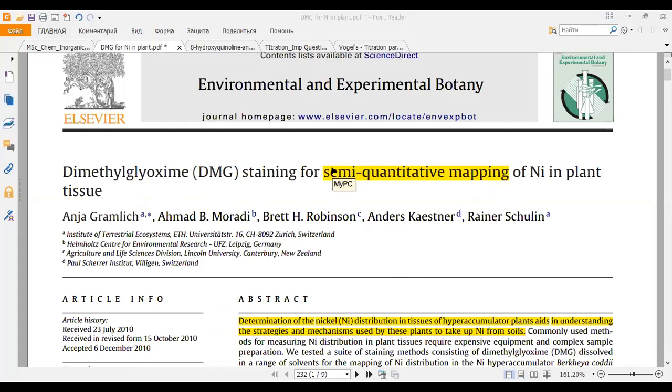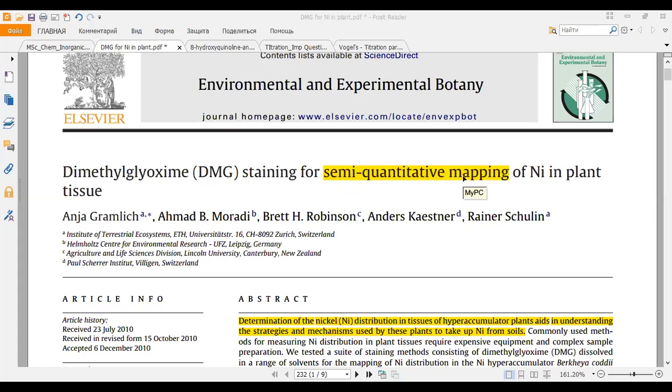So it is like dark red, red, light red, no red. Okay, that is semi. It does not give you an exact value, but it helps you to compare by looking at the intensity. So you are using DMG for the staining and for semi-quantitative mapping.